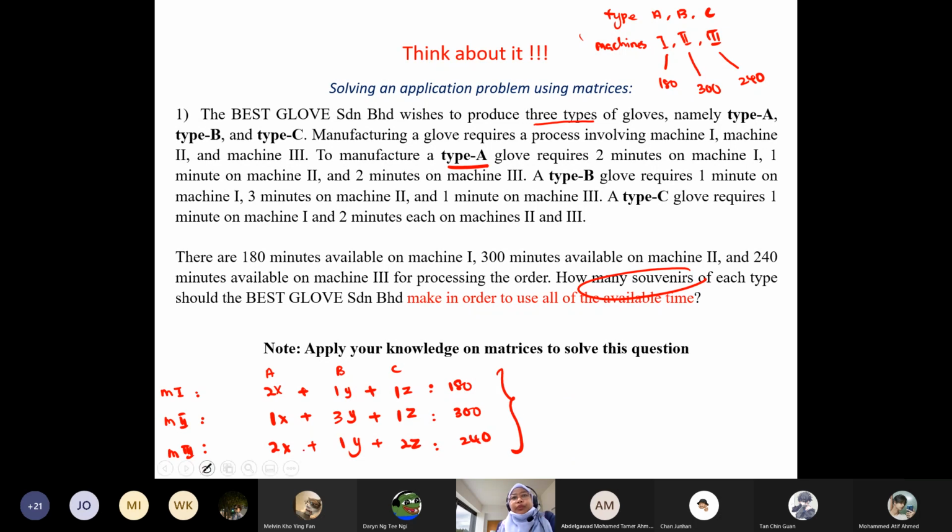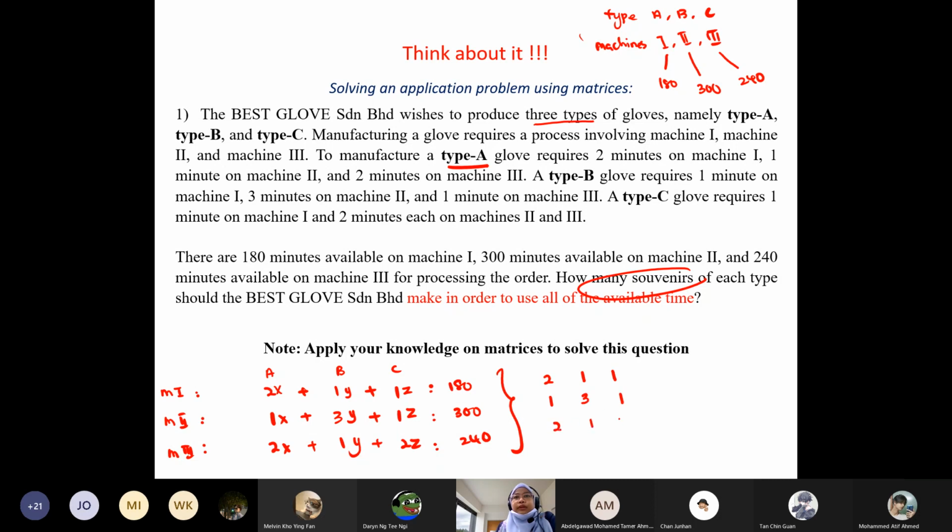So if you look into this equation, it looks like a linear equation, isn't it? From this linear equation, you can transform into matrix form. So 2, 1, 1. So 1, 3, 1.